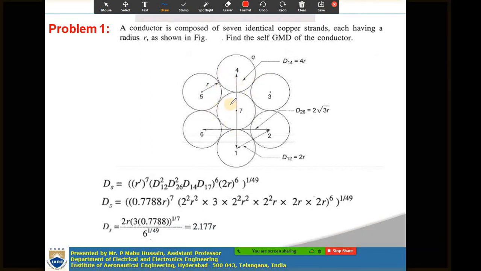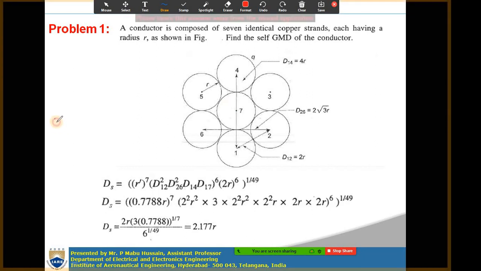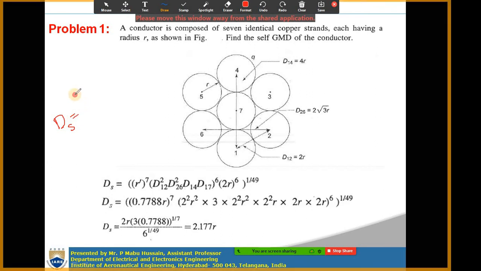Self GMD is equal to this total term whole power 1 by the number of strands in that conductor whole square. Here, as there are 7 strands, this will be 7 square, which is 1 by 49.